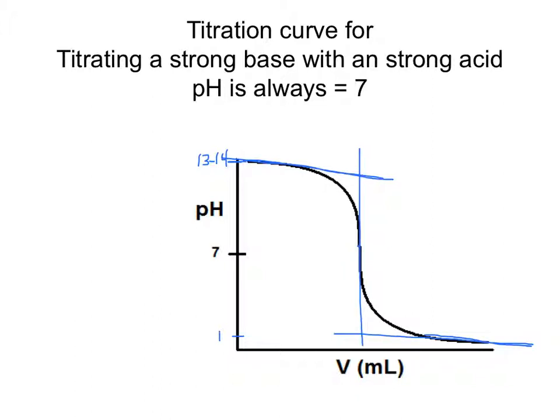And then once again, I'm going to find the halfway point of that vertical region. And you'll notice it's also a pH of 7. So any scenario where a strong acid or base is being titrated with another strong acid or base will always give you a pH of 7 at equivalence point.